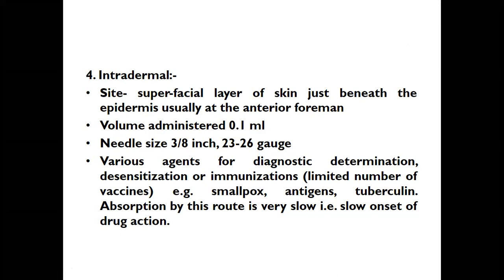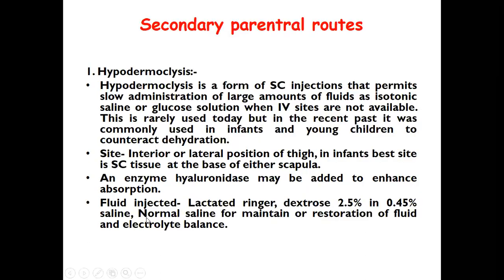Some of the vaccines such as smallpox, antigens, tuberculin are administered by this route. Absorption by this route is very low, that is slow onset of drug action. So these are all the primary routes of parenteral administration, that is intramuscular, intravenous, subcutaneous, and intradermal.